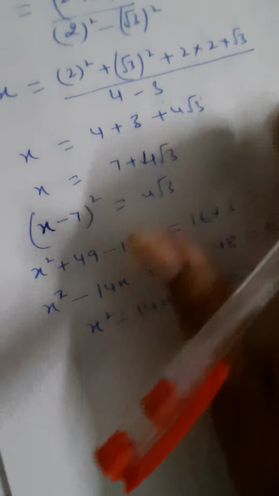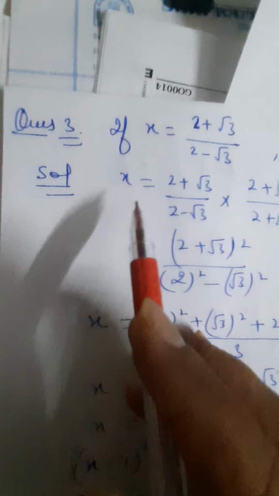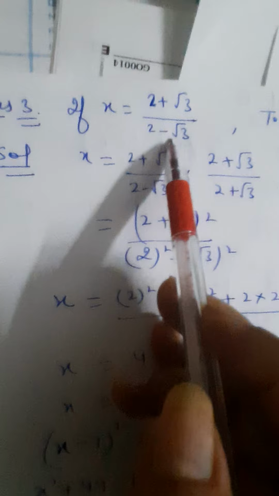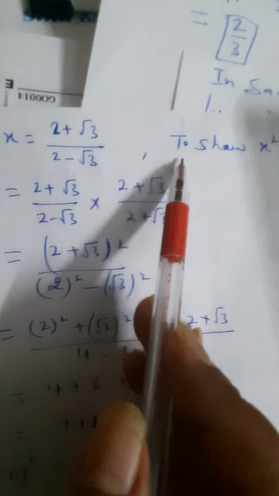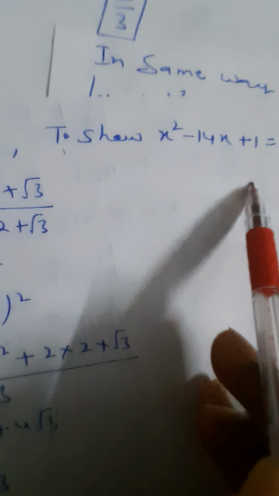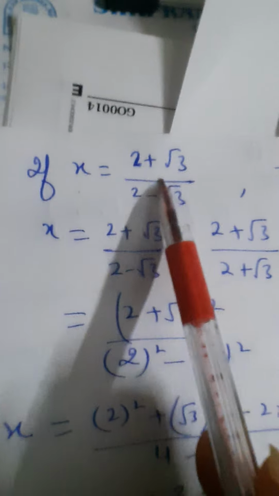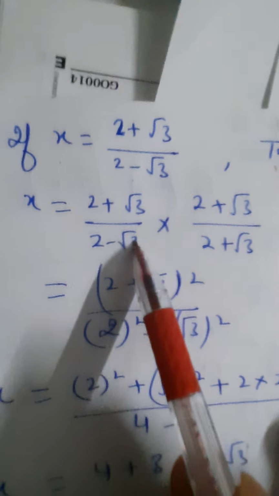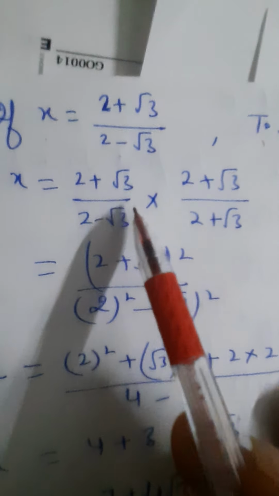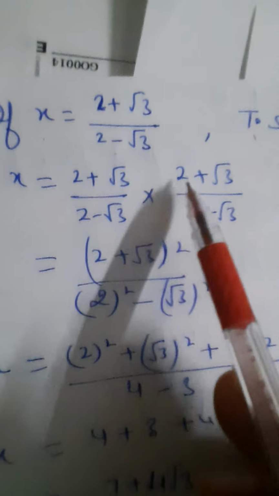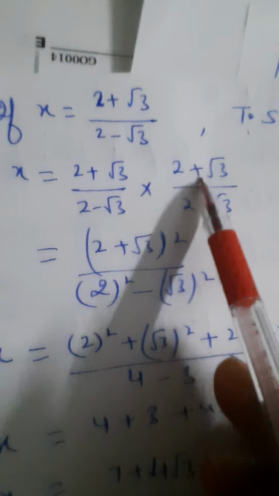Now बच्चे third question, that is also very important and tricky question. Now this is, if x is equals to 2 plus root 3 upon 2 minus root 3, we have to show x square minus 14x plus 1 is equals to 0. In such cases, we know we have root in denominator, so we have to do at first rationalization of denominator, and same I'll change the sign and I'll do rationalize.